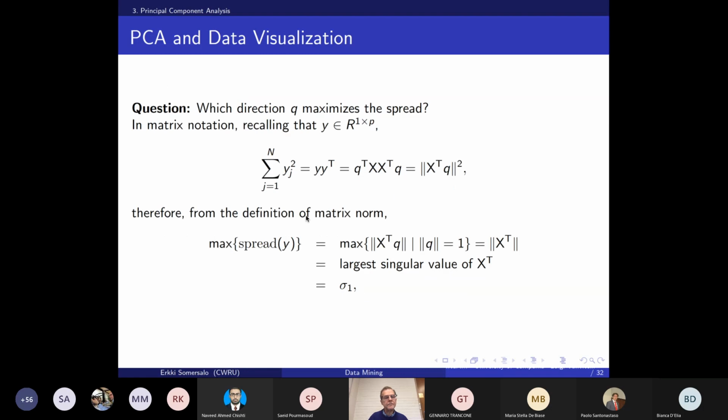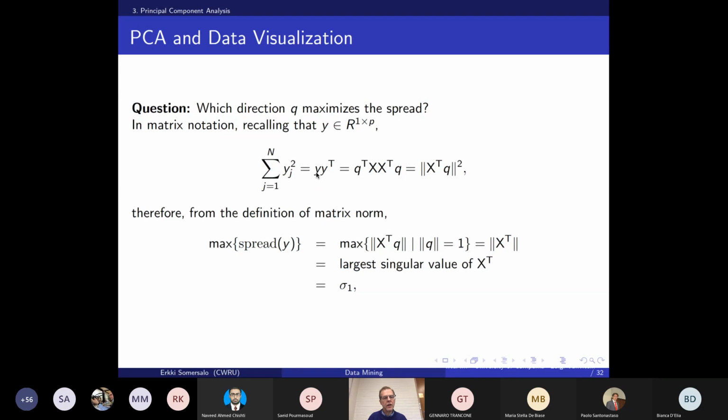So now the question is, what is the direction q that maximizes the spread? I want to find the direction in which my data looks as wide as possible, so I want to maximize the spread. My vector y is a 1 by p matrix, a row vector, and I'm going to calculate the spread squared, which is what I'm trying to maximize.